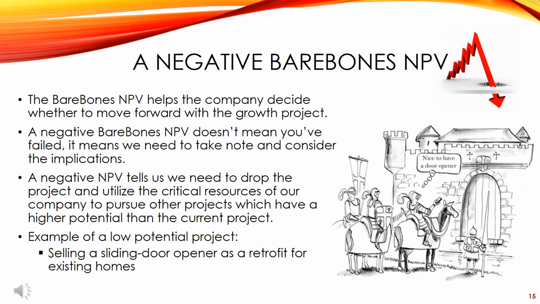We saw a classic example of this in the textbook, when it talked about a young entrepreneur who had the idea that he wanted to start selling sliding door openers as a retrofit on existing homes. But during the framing part of the plan, it became obvious that he was going to be facing several obstacles. For example, the product would be of no interest to major distribution channels like Lowe's or Home Depot.